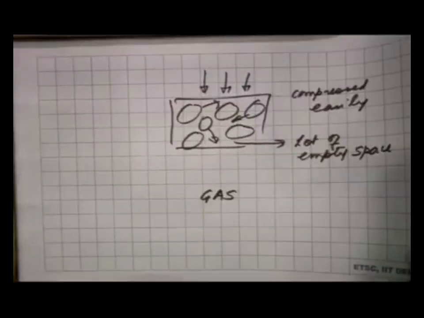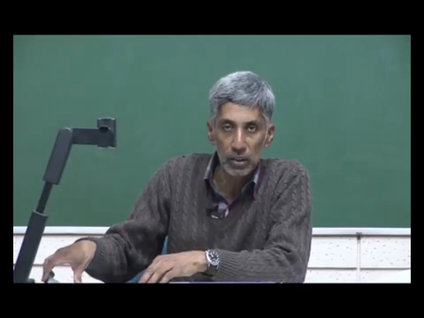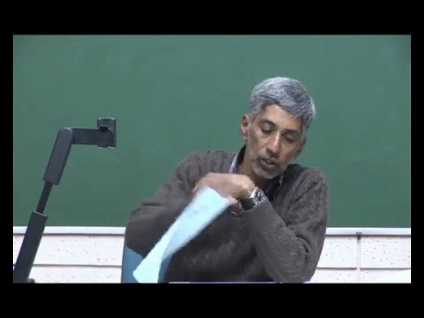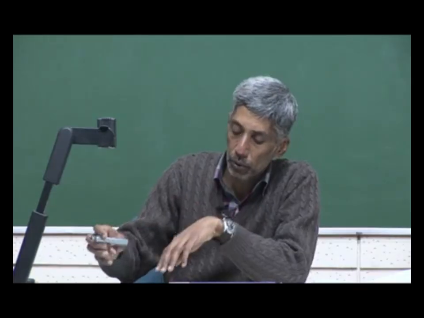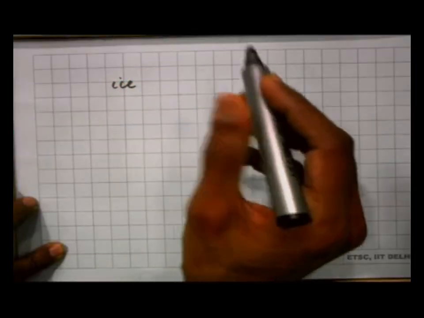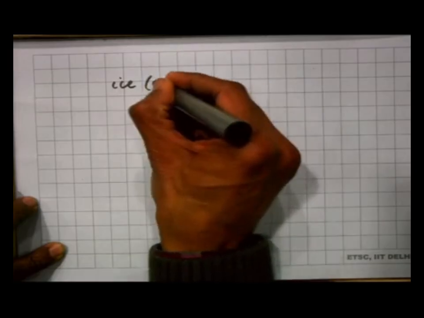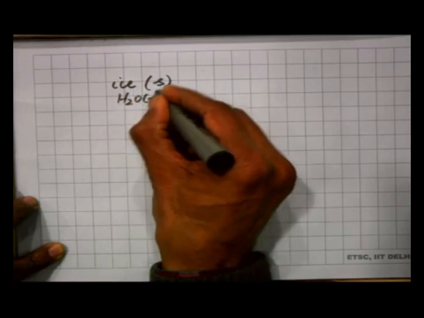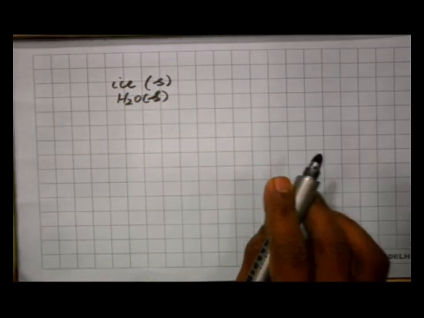For this, one of the best ways to do it is to take a particular substance, let us say water, and conduct some transformation to it. So, what we will do is we will take ice, which is the solid form of water, that is water solid, and we will do an experiment with it.